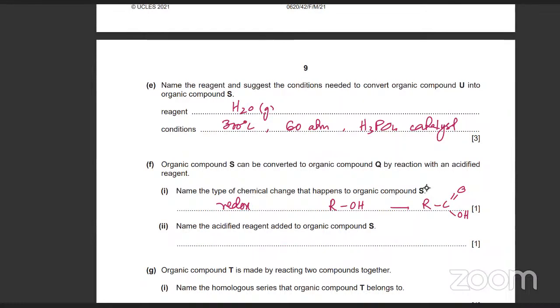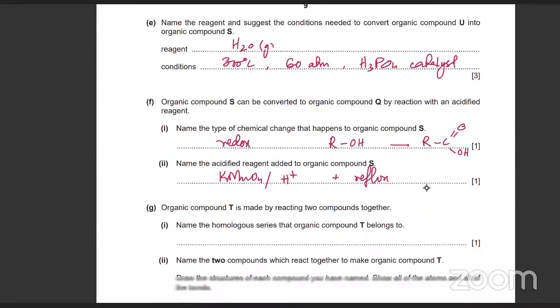So reagent क्या होता है? KMnO4. That is your reagent. Conditions क्या होती है? Acidified होना चाहिए, यानी बीच में acid होना चाहिए plus reflux. So always remember, any alcohol can be oxidized to a carboxylic acid.